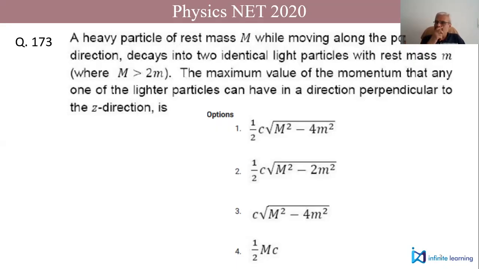Now both the particles will go in the opposite direction because they have the same mass, and momentum is zero in all directions. So the final momentum will be zero only if they move with equal momentum in opposite directions. Let's call that momentum P.